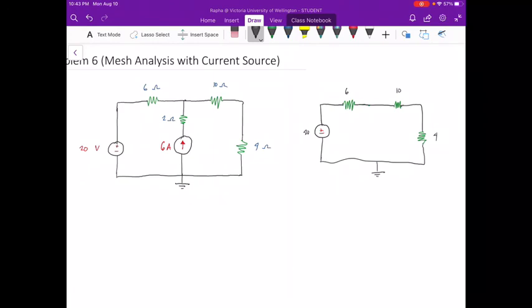We will redraw this, but we will also have to determine our mesh currents. So we have mesh currents I1 and I2. Now for our redrawn circuit, we will do the same. We have mesh current I1 and then here mesh current I2.